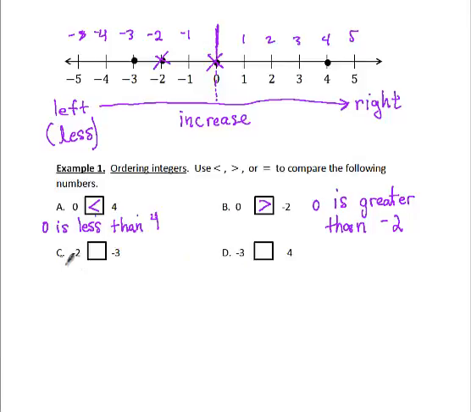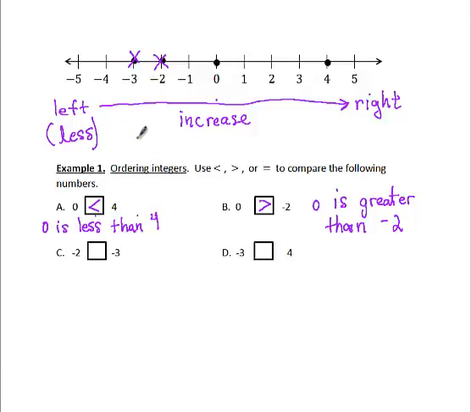Okay, C, this is the initially confusing situation where we compare two negative numbers. Clear my number line, and I go up here and we mark negative 2 and negative 3 on the number line. Okay, here are their positions.